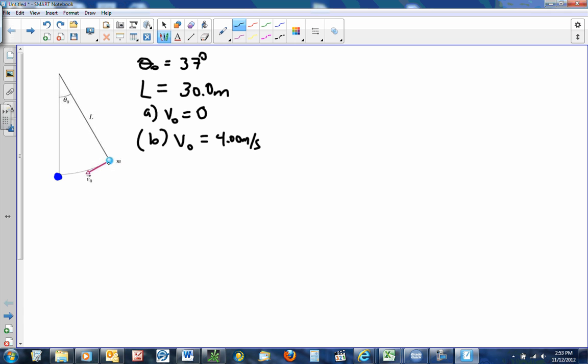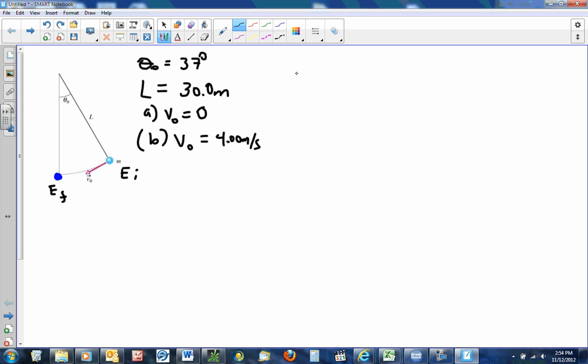Well, to do that, we're going to use energy, and we're going to find the initial energy of Tarzan. They give us two situations. Point A has him starting from zero. Point B has him starting with an initial velocity of 4 meters per second. Then we're going to find the final velocity.